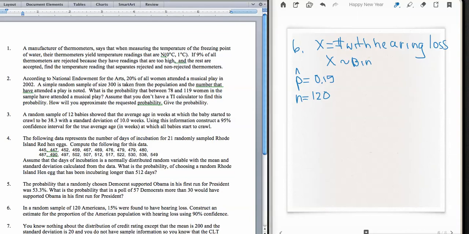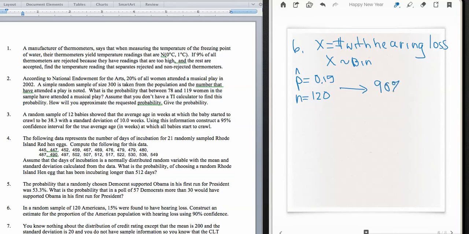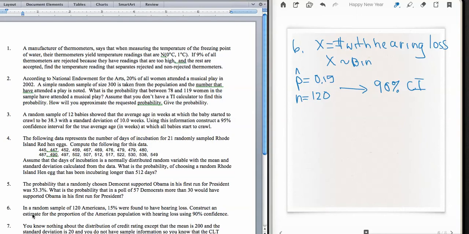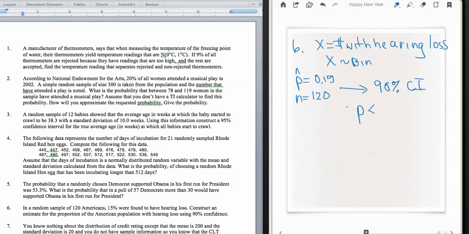And I want to construct an estimate for the proportion of the American population. I'm constructing a 90% confidence interval here because I want to do an estimate for the proportion of all of them. So I'm wanting to construct this estimate here, and that's done with a confidence interval.